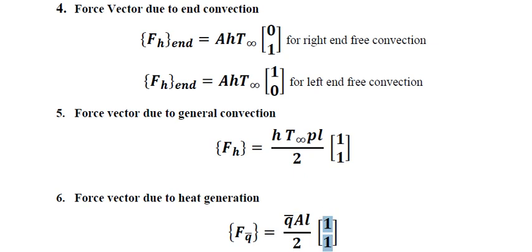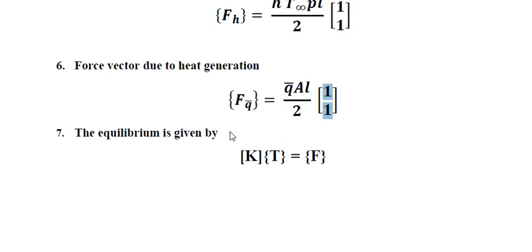And the equilibrium equation is given as K into T is equal to F. In bar we have dealt K into Q is equal to F. So similarly it is K into T is equal to F. T is the unknown variable which we have to determine in the analysis of heat transfer. We will determine K, we will have F.